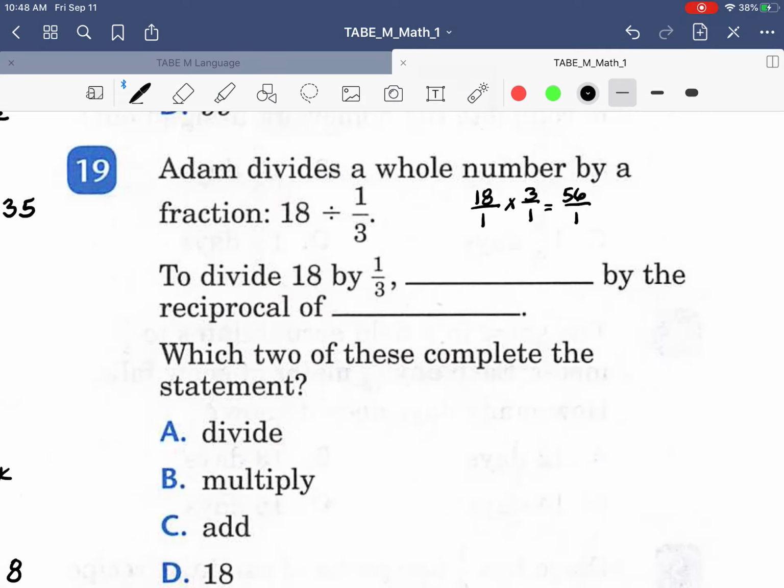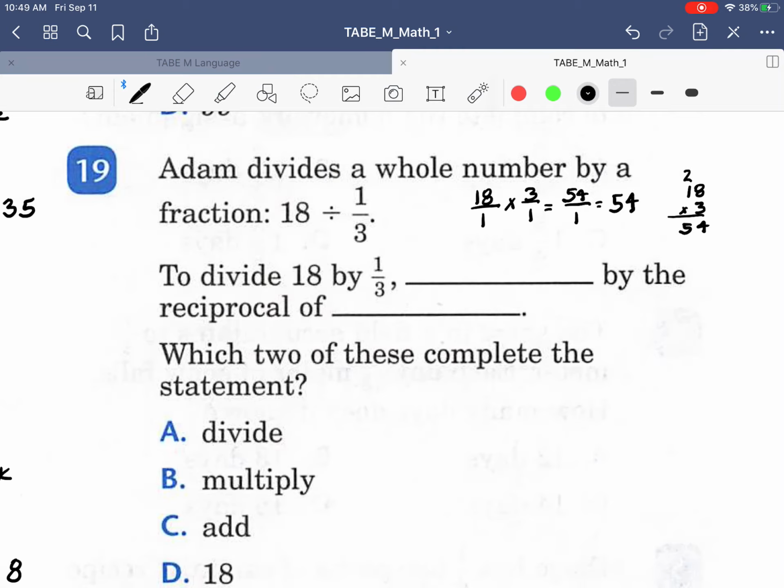I need to check that, guys. 18 times 3. I did not learn my times tables through my 18s, so 3 times 8 is 24. I thought I had it. I thought it was 54, so I'm glad I checked it. Sorry about that. It's 54.